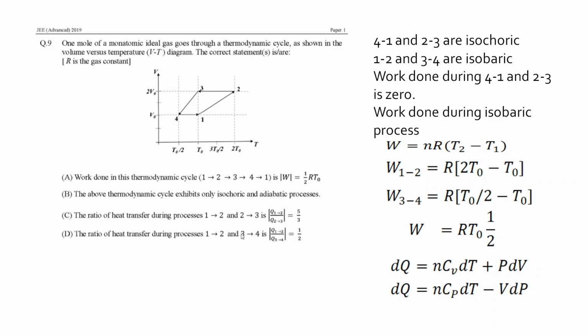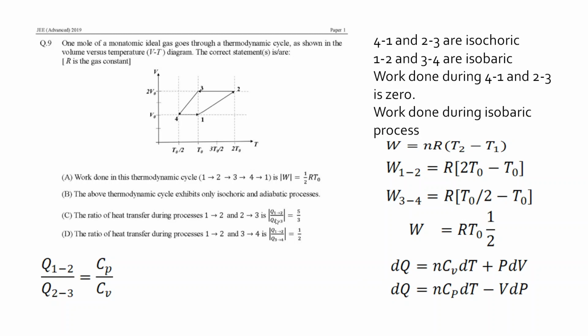Now in process 2 to 3, the volume is constant, so we have to use the other equation. During constant volume, dV is equal to 0, so you get dQ is equal to nCv dT. So in the end, Q1 2 by Q2 3 is nothing but Cp by Cv.